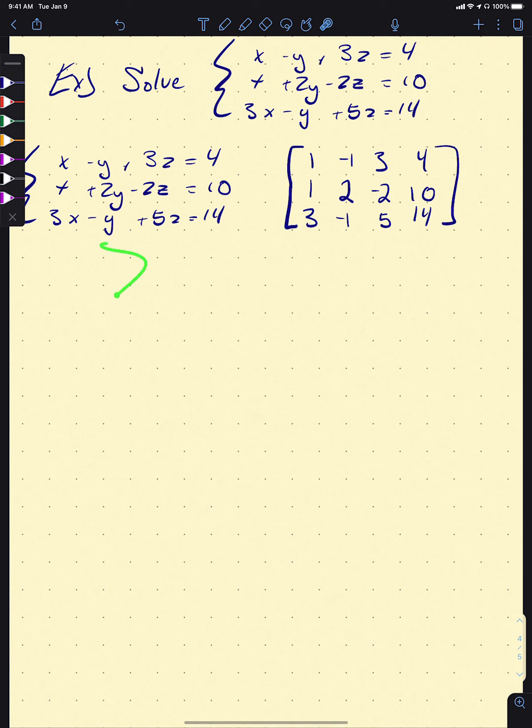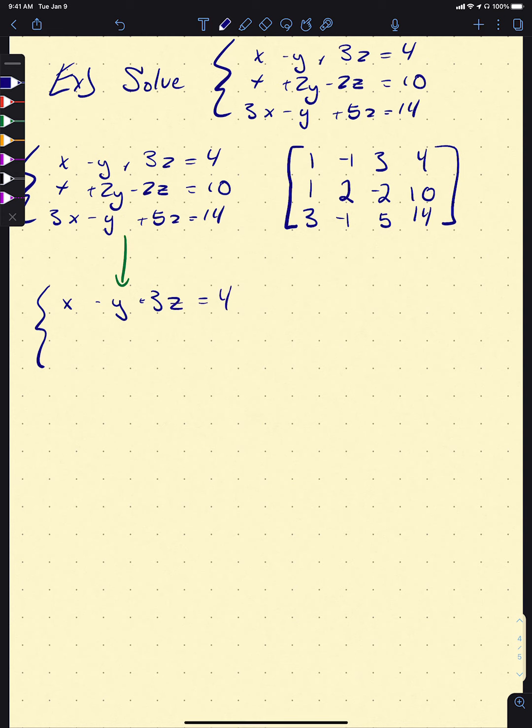Okay, so we're going to solve through this guy first, okay? And we're going to use the notation that we used in the last set of lectures. The first thing that I'm interested in is clearing away out of this equation and this equation, my x and my 3x. And what that means is I definitely want my top equation to stay the same, right?